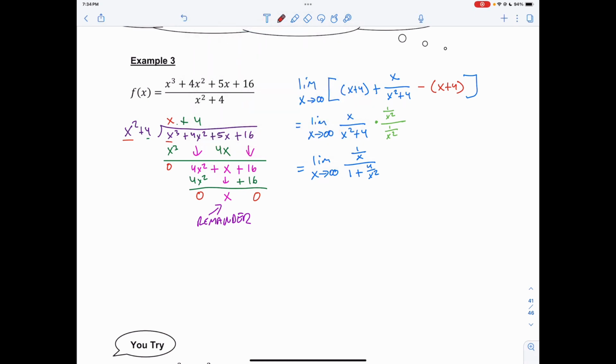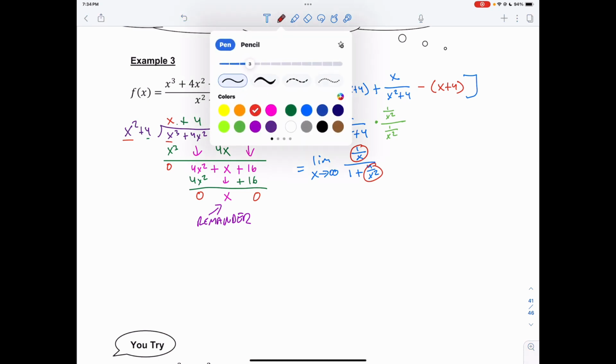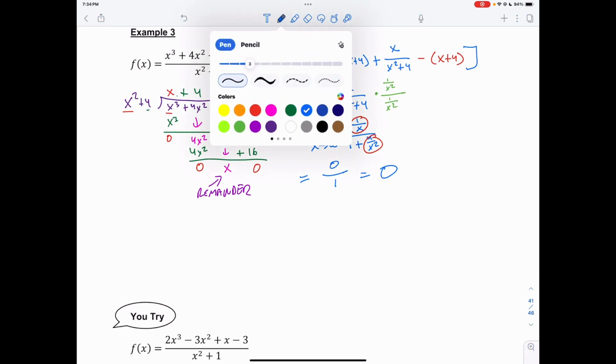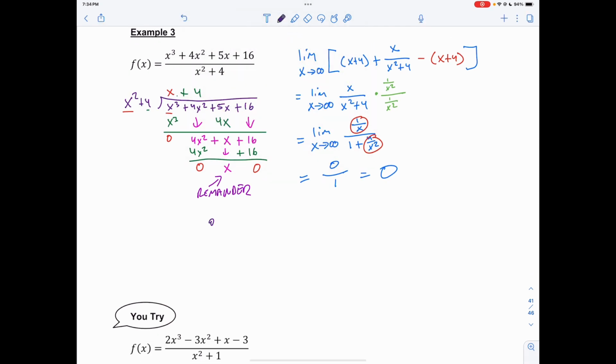I know as it approaches infinity, those are going to approach 0, which means that I'm left with 0 over 1, which does approach 0, and that follows the rules that we had, and we can say y is equal to x plus 4 is a slant asymptote.